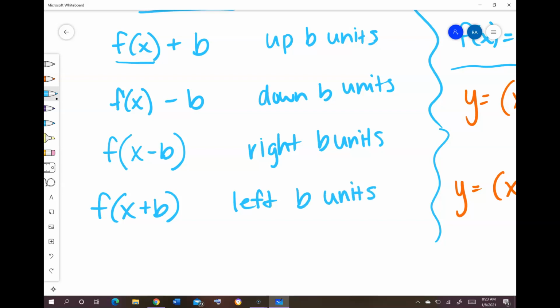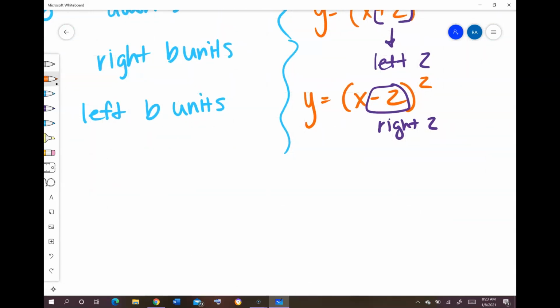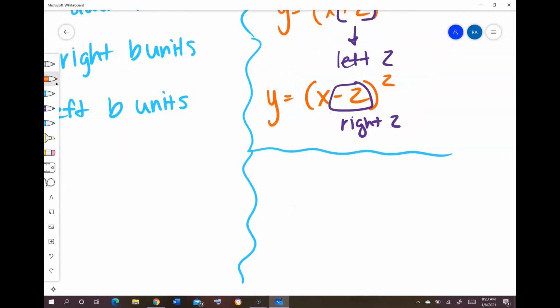Okay? And the last two are going to be a stretch and compress. You should have seen that before too, but let's do a little. So with quadratic, let's stick with that one since that's the function we know. Y equals, if I say 2 times x squared, okay, let's write it how you're going to see it. 2x squared.